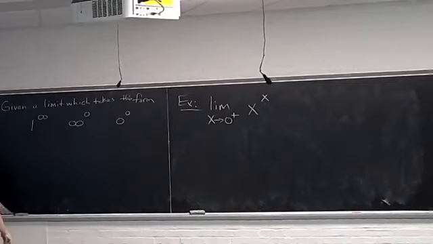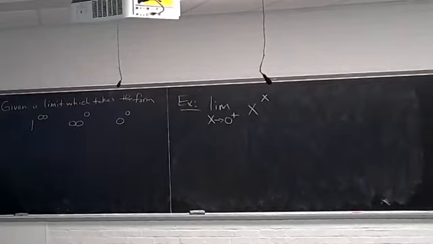These three forms are called indeterminate forms because in the limit, each one can actually behave like any number. This first example, we'll see it looks like 1. And, well, we'll see more.